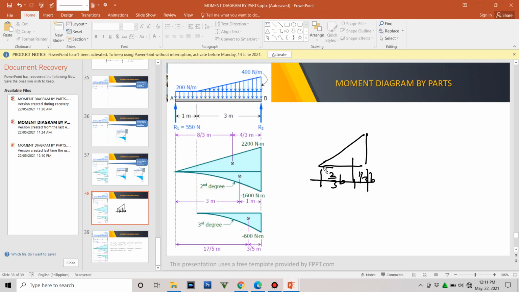So yung 2/3 of the base from the tail and 1/3 of the base from the head.